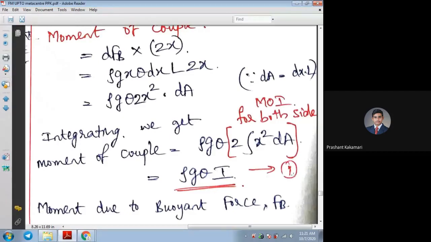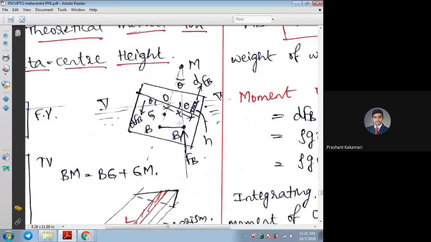We will call this equation number 1, because as I told you, we are finding moments about O and we are equating moments about B. Both should be equal because these two, the small buoyancy force generated at dx and the total buoyancy force displaced from the central axis, both are trying to restore the body. Okay.